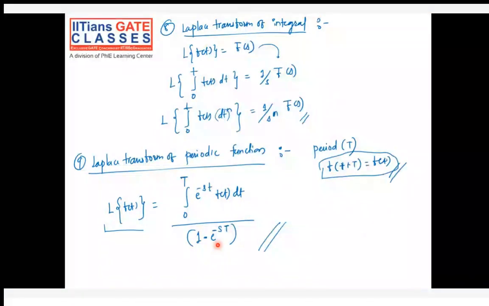Just to recall what we have studied till now, we understood the definition of Laplace transform, that is, the Laplace transform of f of t is integration 0 to infinity e to the power minus st f of t dt, and in general we say it as f bar of s.